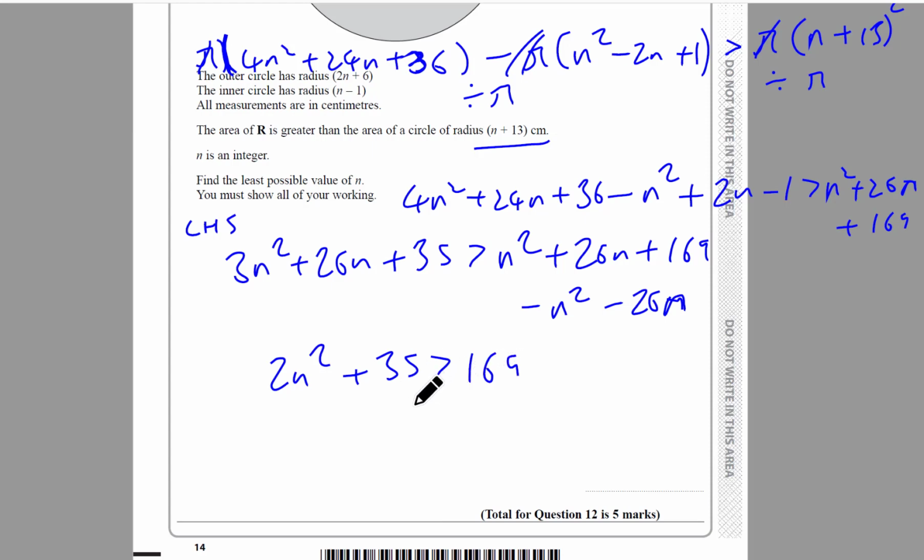We could factorise and make it 0 to find two numbers, but let's just do it this way because we want to find the least possible value for n, and n is an integer, so let's minus 35 on both sides. We get 2n squared is greater than 134. Divide by 2, so n squared is greater than 67.